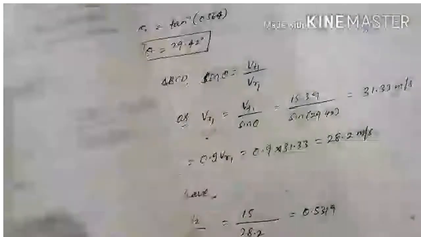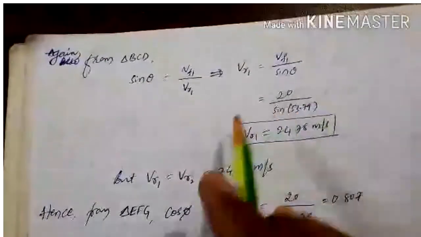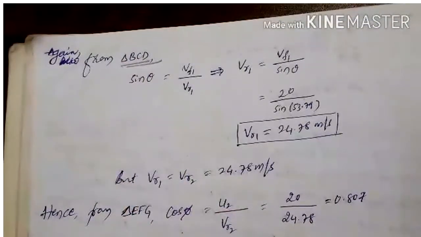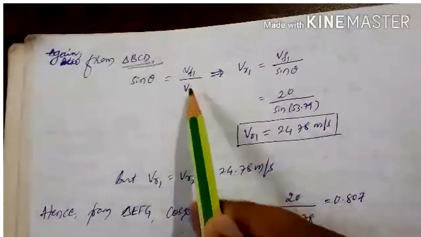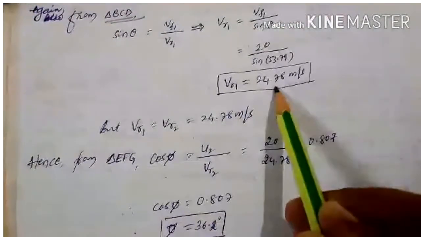Then calculate the outlet velocity triangle. From triangle BCD, once again refer to the inlet velocity triangle. Sin theta is VF1 by VR1, then VR1 you will get 24.78.